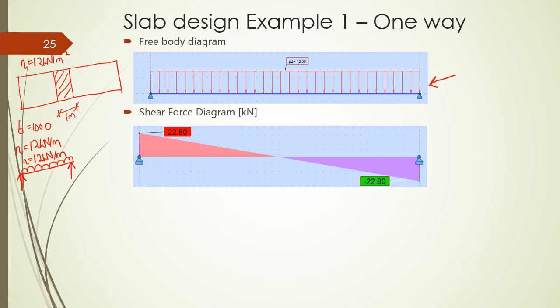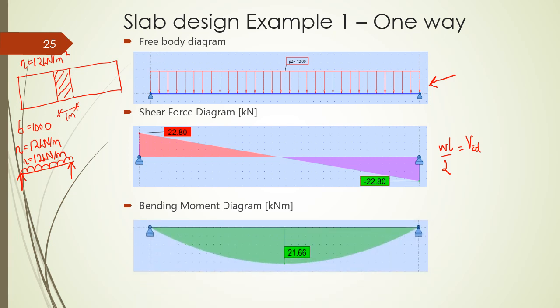We could confirm this by computing wL over 2 to get maximum shear. And the bending moment diagram, given in kilonewton meter, will take this format. Can confirm this by inputting wL squared over 8, which will give you the moment at the midspan, which is 21.66.